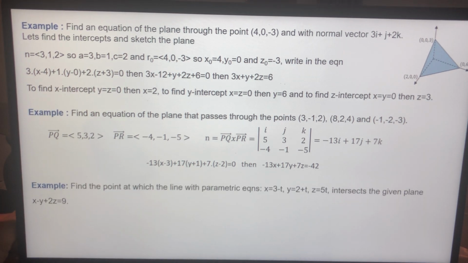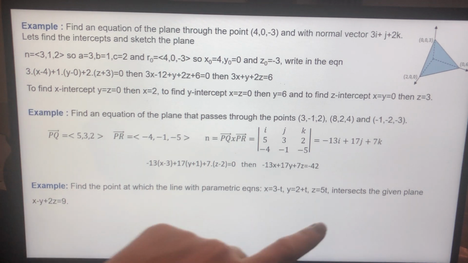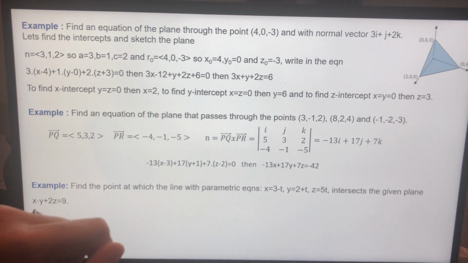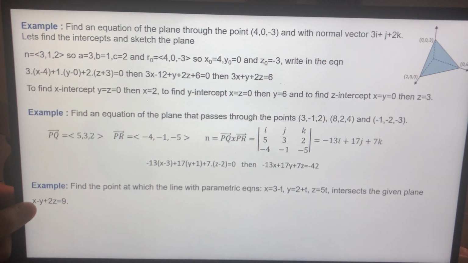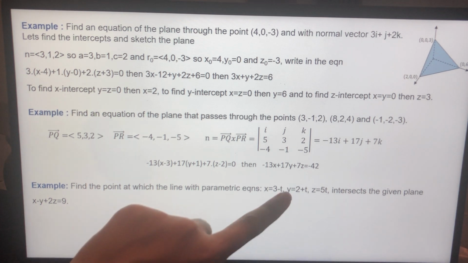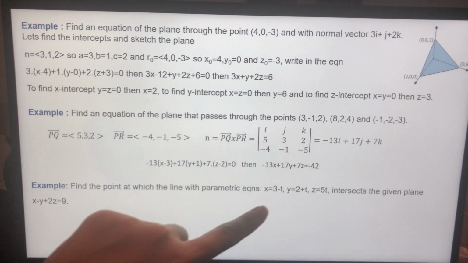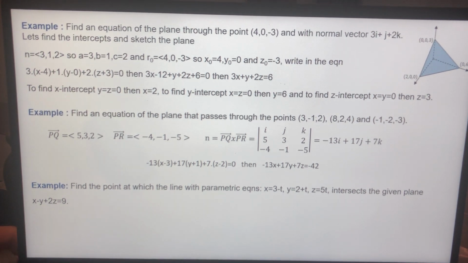And another question: find the point at which the line with parametric equations intersects the given plane. So this is the line equation, remember that. This is the plane equation. Okay, check that. This is a line equation, this is the plane equation. You know already how we were writing that. Remember it, okay? And we are trying to find the intersection. So intersection means that you solve them together.